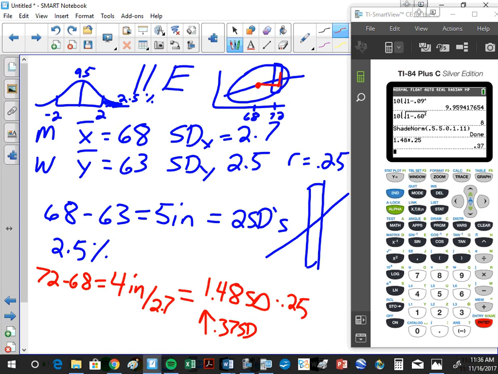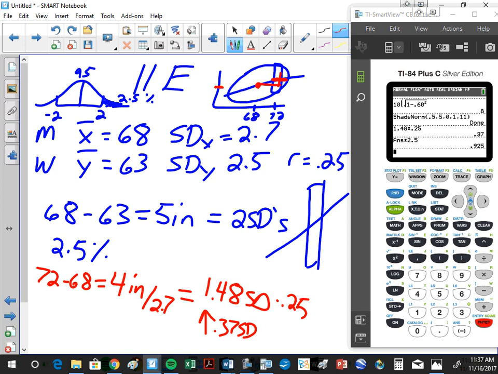What is that in inches? I need to multiply that by the SDY. So times 2.5. And it's 9 1/4. Or sorry, not 9 1/4. It's almost 1 inch. Right. So I'm going to cut this off at 25%.